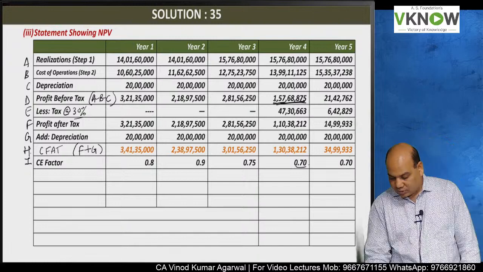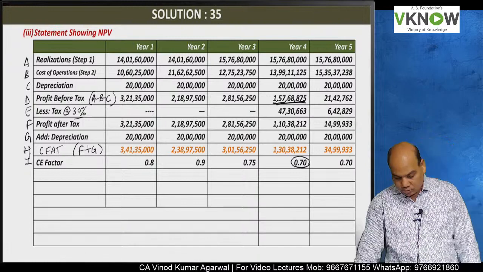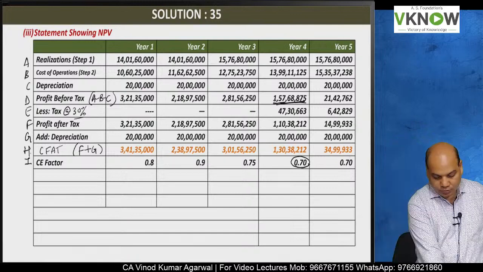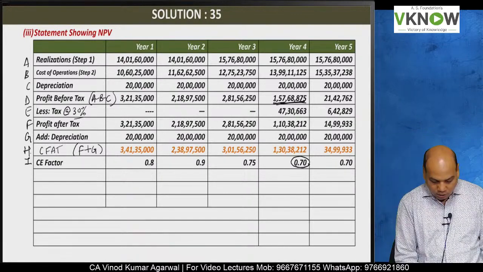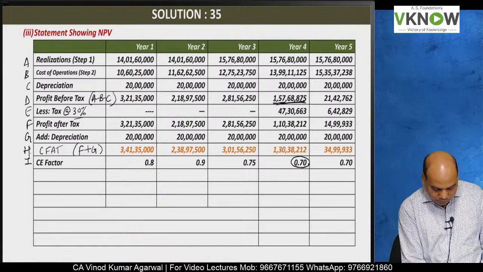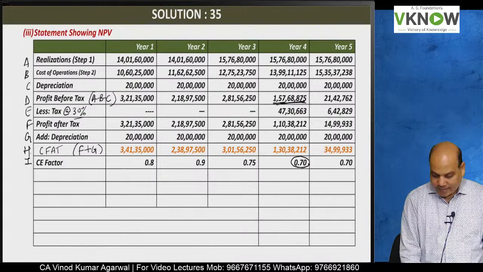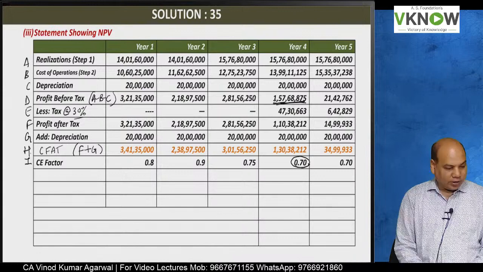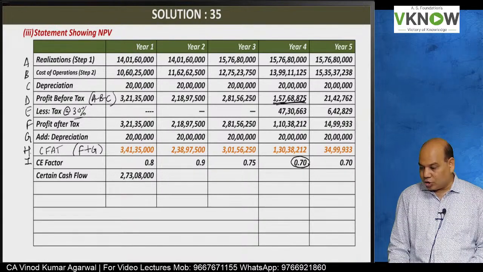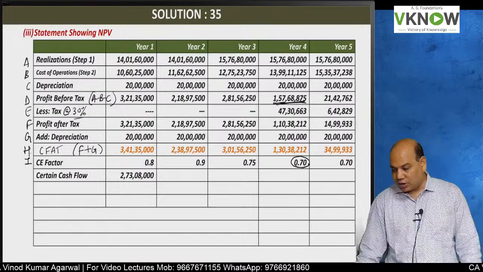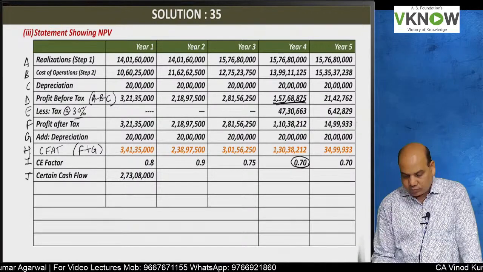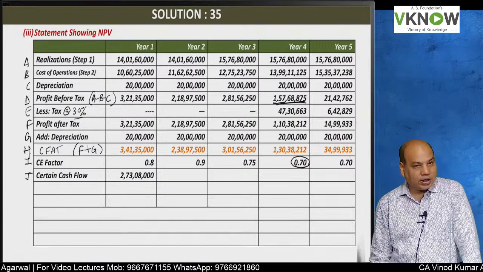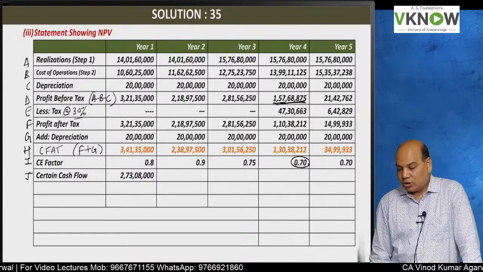There may be some typing mistake in your book, you can rectify. And after that you multiply CFAT with the certainty equivalent factor, you will get certain cash flow.